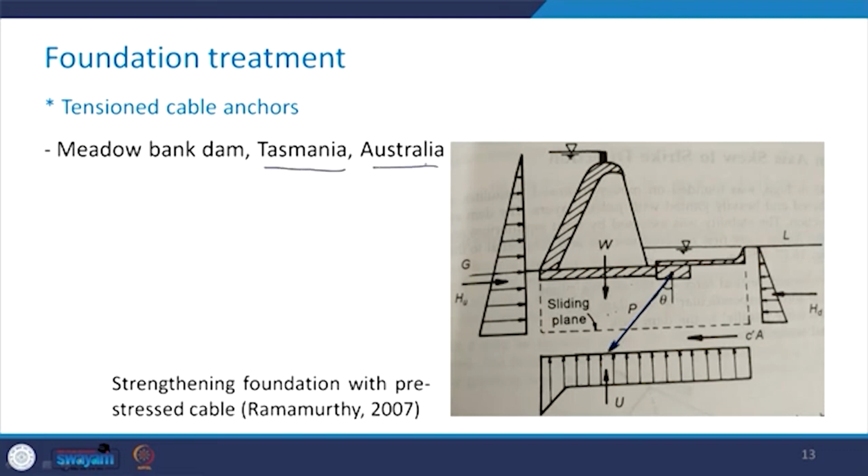So these are some of the foundation treatment measures that I am trying to discuss with you. We are not going into the detailed design methodology of these, but this is for your information on how the foundation can be treated in order to overcome the foundation related problems that we discussed just now.